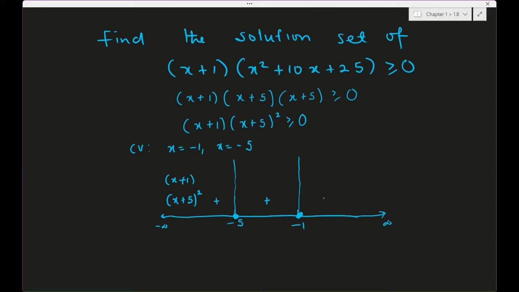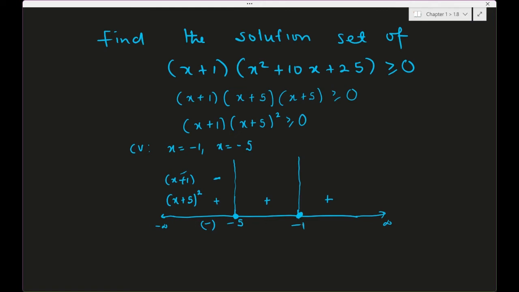Here is going to be plus in all the intervals. So now we take from minus infinity to minus 5, we can take like minus 6, right? If we take minus 6 and put it into this first term, minus 6 plus 1 is minus 5, so it is negative. So minus times positive is going to be minus.